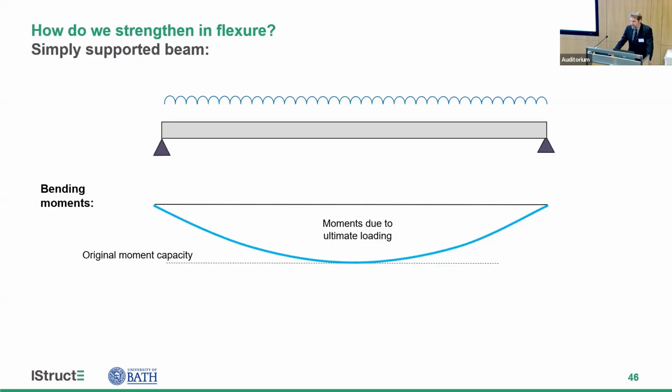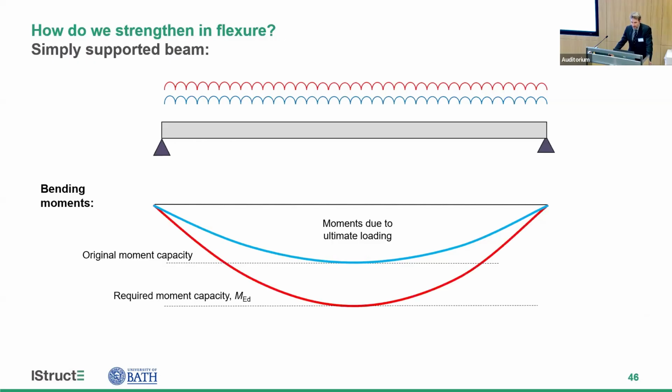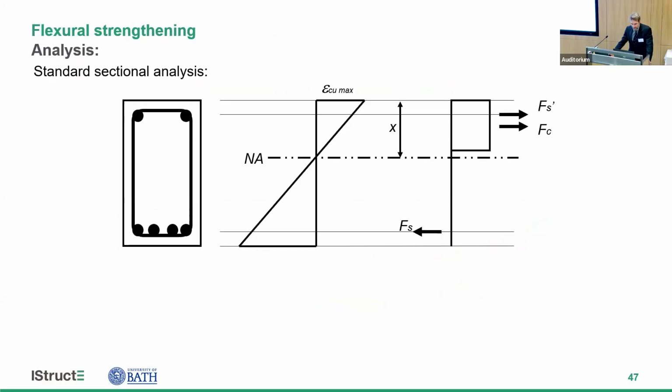If you've got a beam that's been designed to resist the ultimate moments, and we want to increase the capacity of that beam, then obviously the bending moment is going to increase, and we therefore need additional strengthening over the region that exceeds the original moment capacity to help resist those additional loads. We can analyze them using standard sectional analysis.